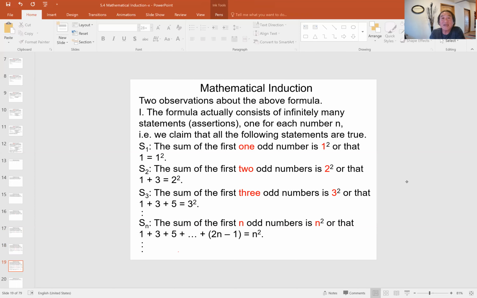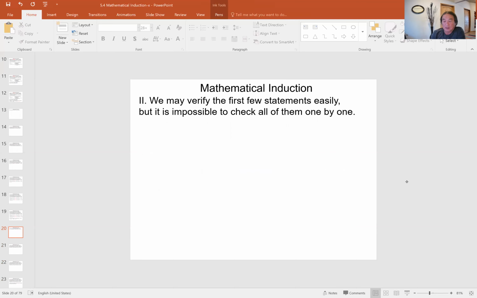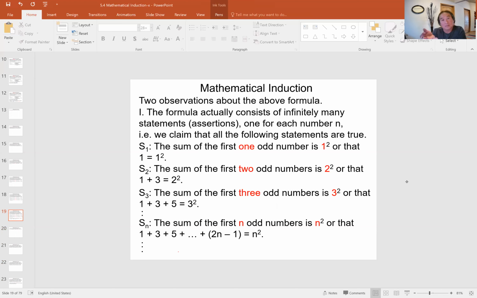And statement n is 1 plus 3 plus 5, and so on, up to 2n minus 1, I get n squared. I want to justify all these statements for every n, starting from 1 and going on forever.